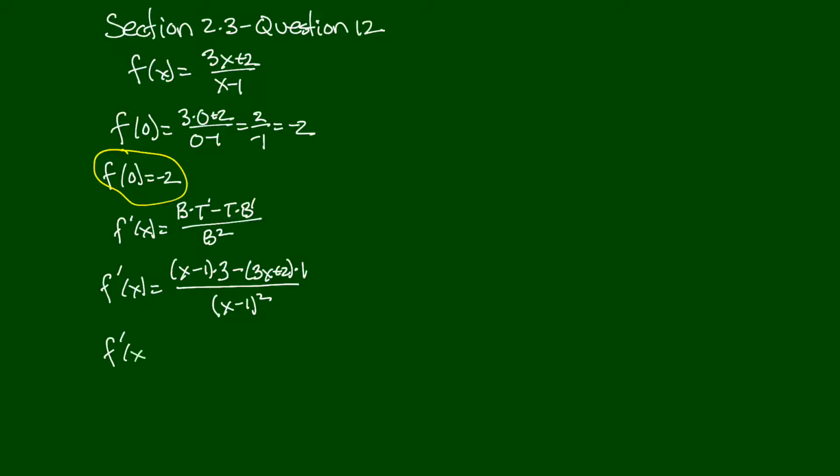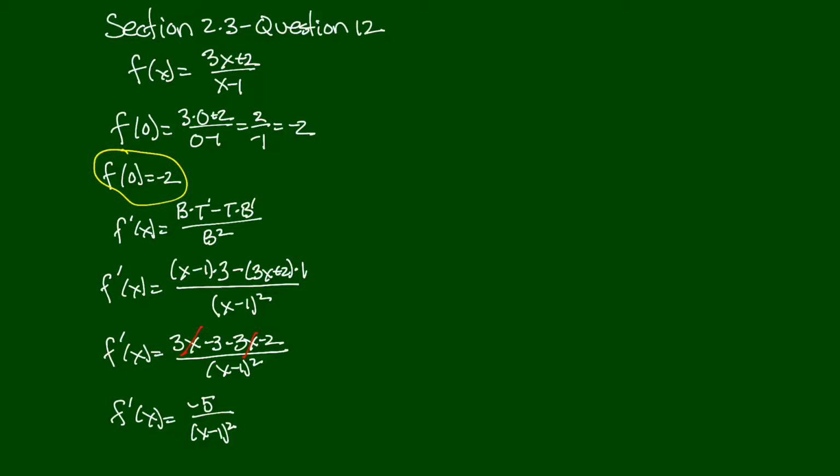Let's multiply it out in the top. We'll get 3x minus 3, and then multiplying by negative 1, we get minus 3x minus 2, over x minus 1 squared, and those 3x's will cancel out. So we are left with this for a derivative: f prime of x is negative 5 over x minus 1 squared.